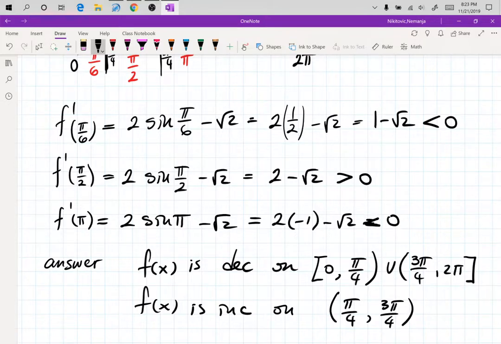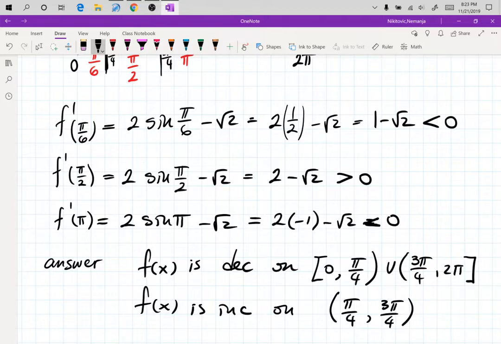Using correct parentheses is important. Your interval was the closed interval, 0 to 2 pi, which is why you have the brackets with 0 and 2 pi. Now, inside you are using parentheses because you cannot claim increase and decrease on pi over 4, because pi over 4 is a single point.